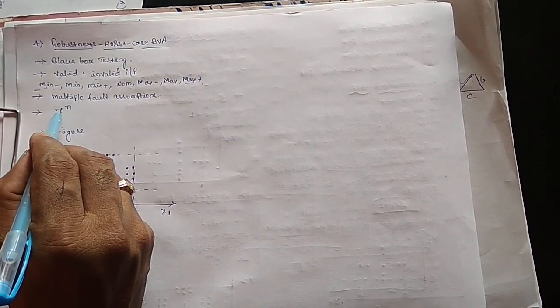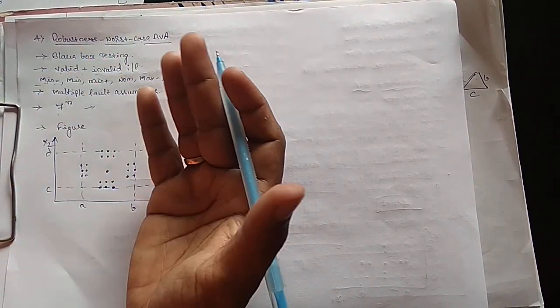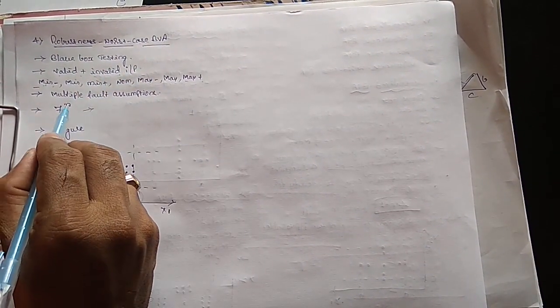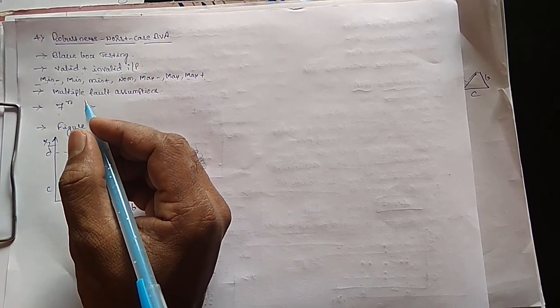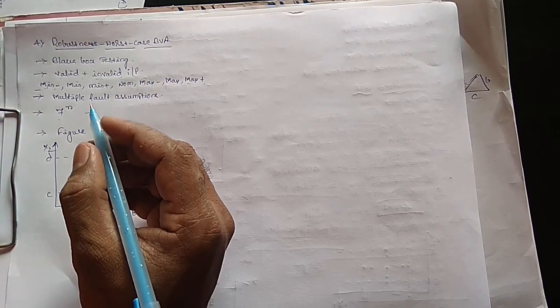Therefore it is not 5, now it becomes 7. 7 to the power of n, where n indicates the number of inputs of the given program. For example, the triangle problem has 3 inputs, so 7 to the power of 3 is the number of test cases we generate for this robust worst case boundary value analysis method.